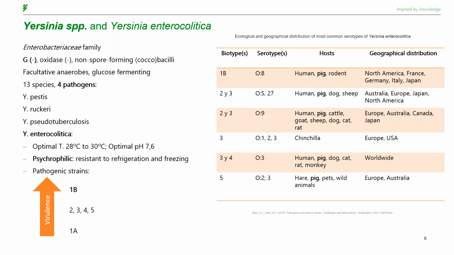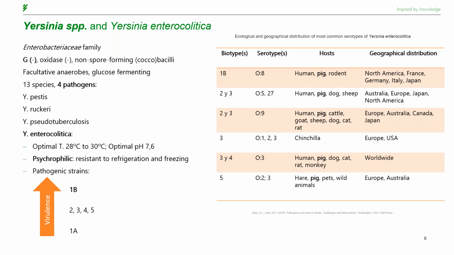So, specifically referring to Yersinia enterocolitica, the optimum growth temperature is approximately from 28 to 30 degrees Celsius. At this temperature, it can double in half an hour, and if the temperature drops, the time lengthens. But the growth still continues. For example, at 1 degree Celsius, it would take almost 2 days to double.